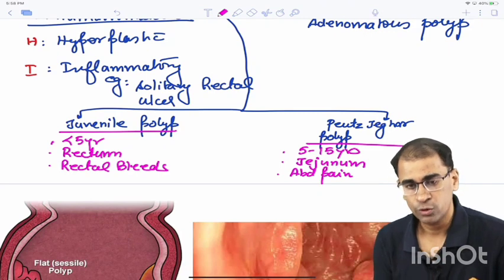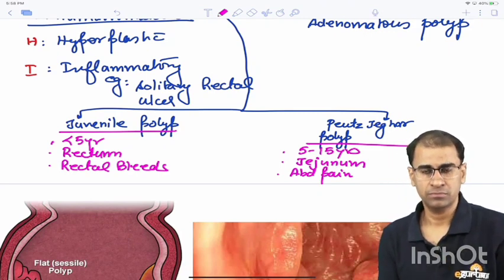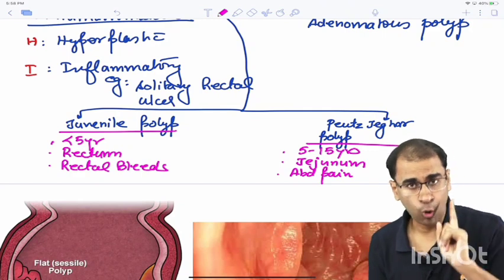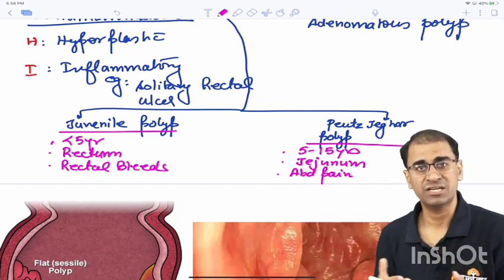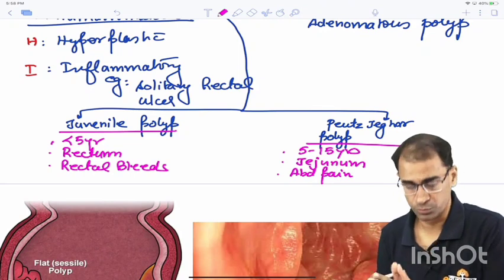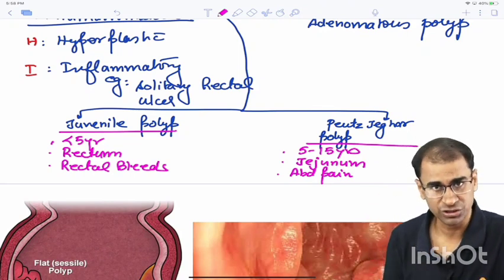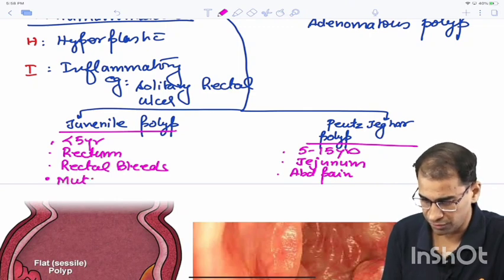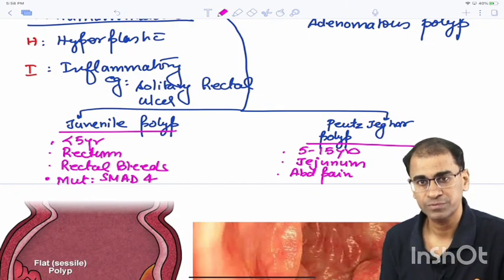Now remember one thing, when you call them a polyp, that means there are a few occasional polyps here and there, sporadic polyps. Often these polyps are seen with syndromes. And when they are seen with syndromes, they have mutations, obviously. The mutation with juvenile polyp, remember, is called SMAD4.